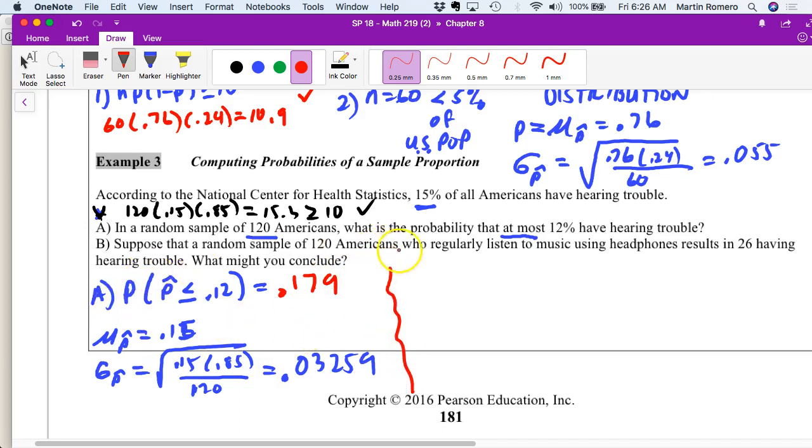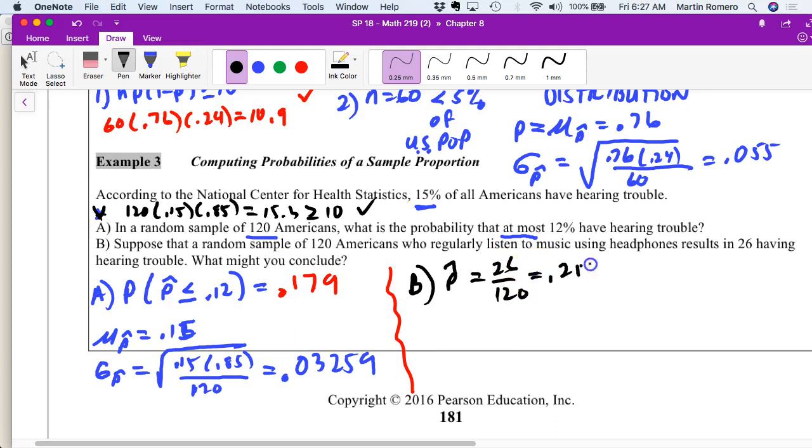Now moving on to part B. Suppose that a random sample, same thing, 120, listen to music using headphones, and the results show 26 having hearing trouble. What might you conclude? Well, I'm going to calculate p hat first. 26 out of 120. What is 26 out of 120?